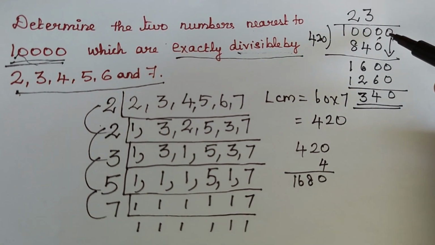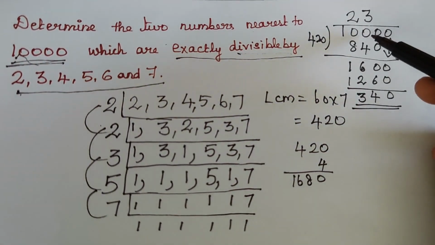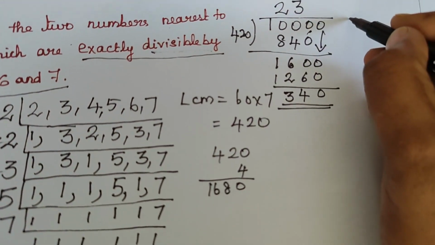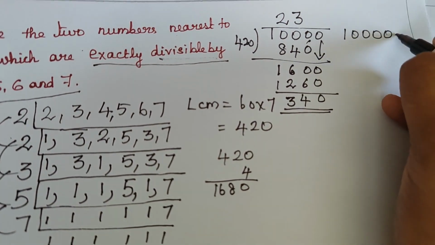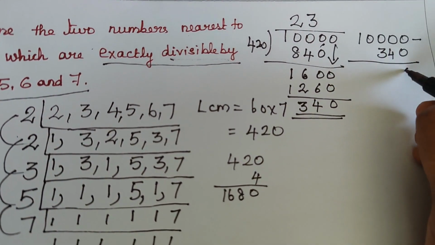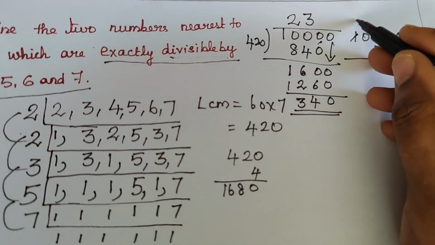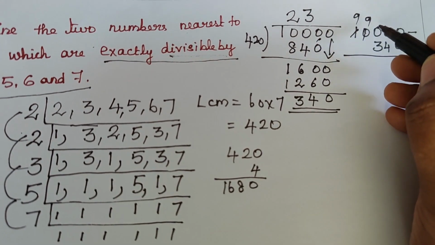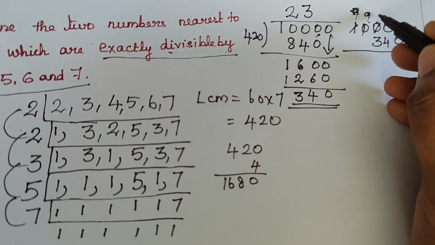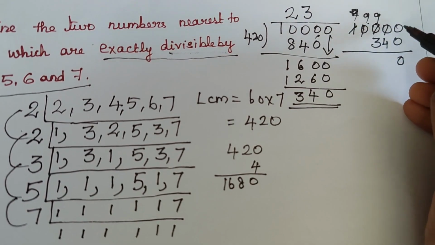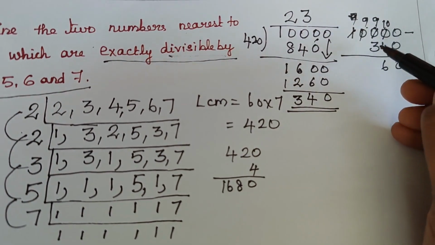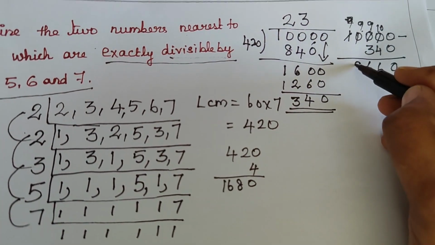If we subtract 340 from 10,000, then that number will be exactly divisible by 420. So subtract 10,000 minus 340, because 340 is excess here. We can borrow, so you will get like this. You borrow 1 here, 10 on giving 9, 10 on giving 9, 10. 0 minus 0, 0, 10 minus 4, 6, 9 minus 3, 6, and bring down 9.